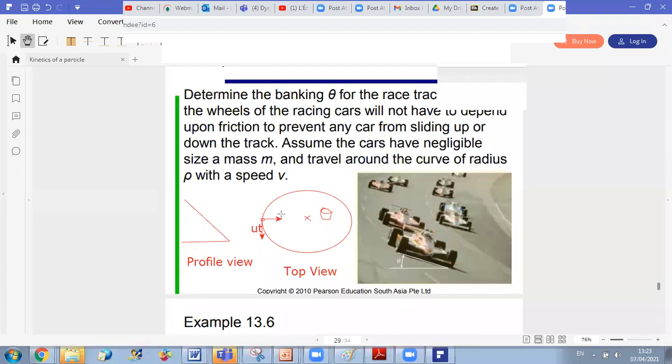So this is UN. And how is UB vector? Perpendicular, exactly. We said that UB is always perpendicular to the plane of motion. To illustrate it here, I put a circle with a point, meaning it is perpendicular to the screen, towards you. So this is UB.